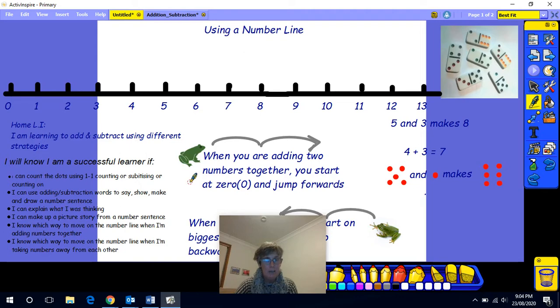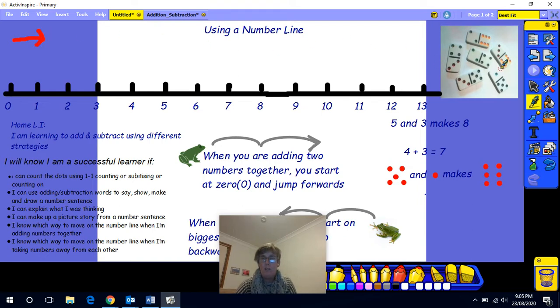So let's get started. When we are adding numbers together on a number line, I've got a little picture of a frog. And when we're adding our numbers together, our frog jumps forward on the number line. So he will always start at 0 on the number line and he will go forward in this direction. Okay, so let's have a go.